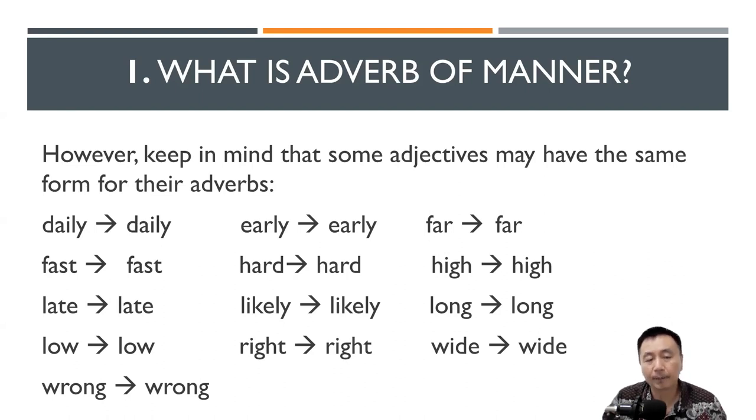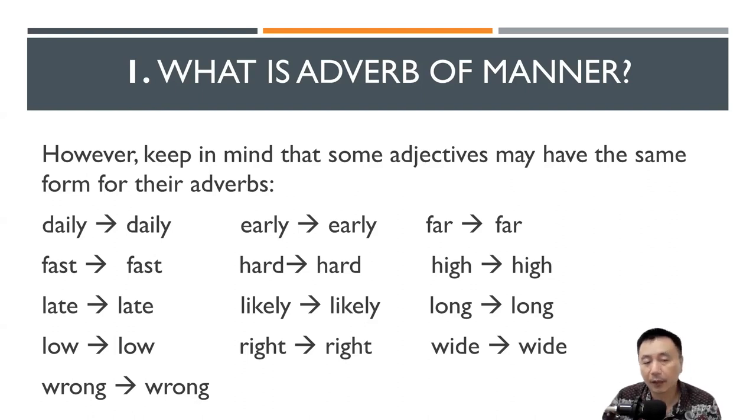And then fast, for example, he's a fast learner. He learns fast. Dalam kalimat ini, fast sebagai kata sifat. Kemudian he learns fast. Dia belajar dengan cepat. So in this sentence, fast is an adverb, but we don't put -ly like fastly. No, right.